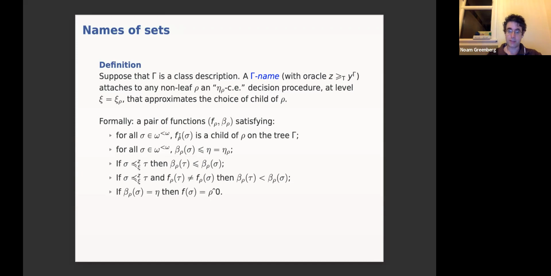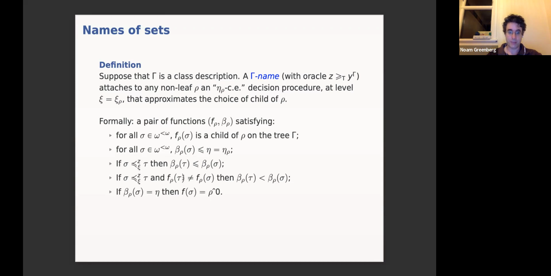That choice is accompanied by an ordinal that tells me how much space I have to change my mind later. If tau extends sigma, for the purposes of this Z computable approximation, which involves implicitly taking psi many Turing jumps, the ordinals cannot go up.